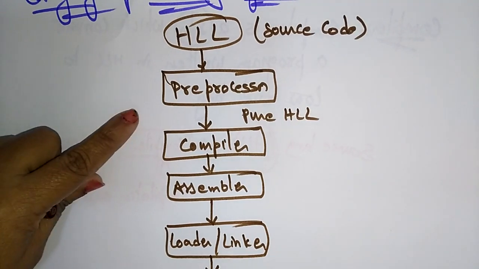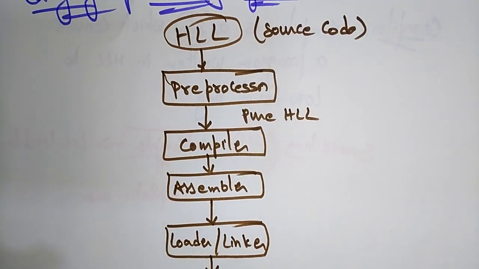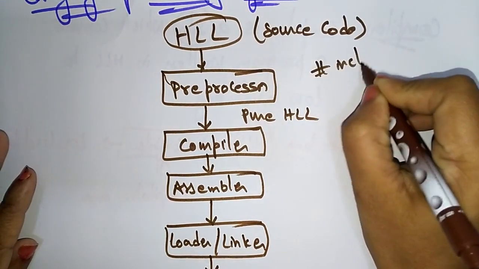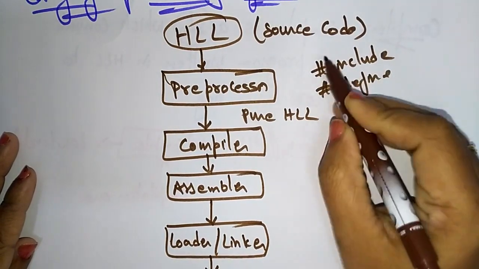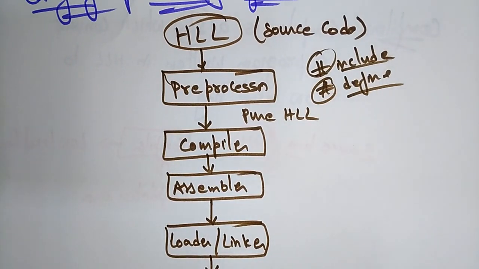So what is a preprocessor? A preprocessor removes all the include files. Let me explain: hash include. When you are writing a C program, you will use hash include and hash define. These are the preprocessor directives. Before writing the program, you include files and define macros using the preprocessor language.